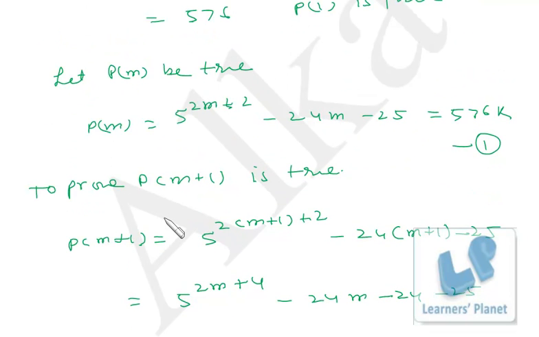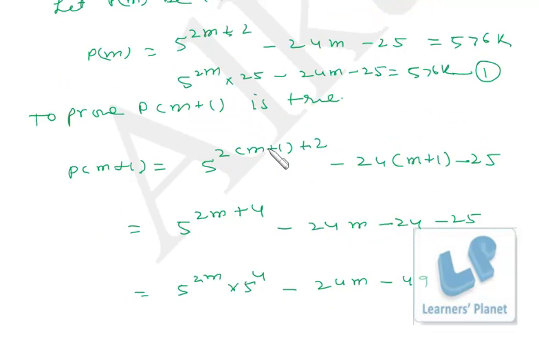Okay. Now from here we have to find out the value of 5 raised to 2m. So 5 raised to 2m into 5 raised to 2, that is 25, minus 24m minus 25 is equal to 576k. Okay, so 5 raised to 2m will be 576k plus 24m plus 25, divided by 25.